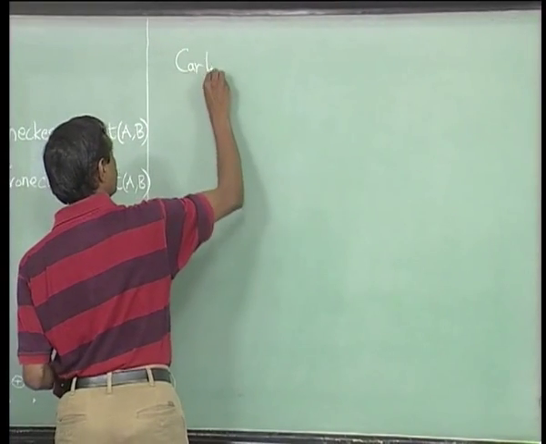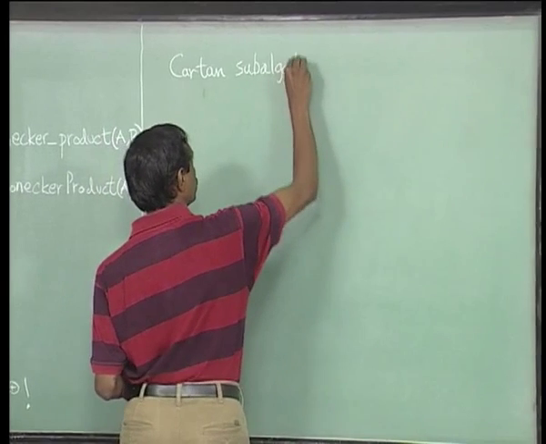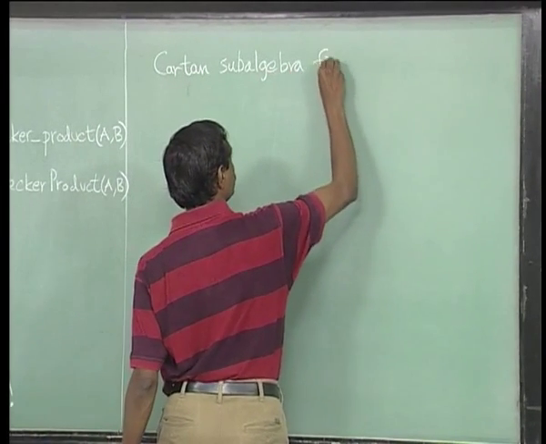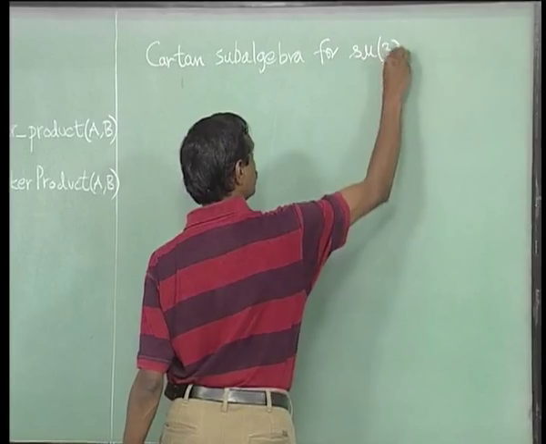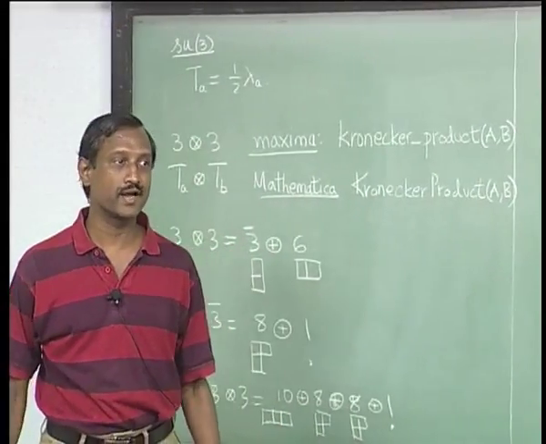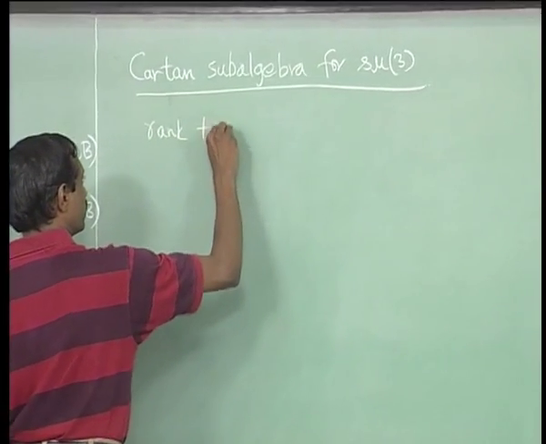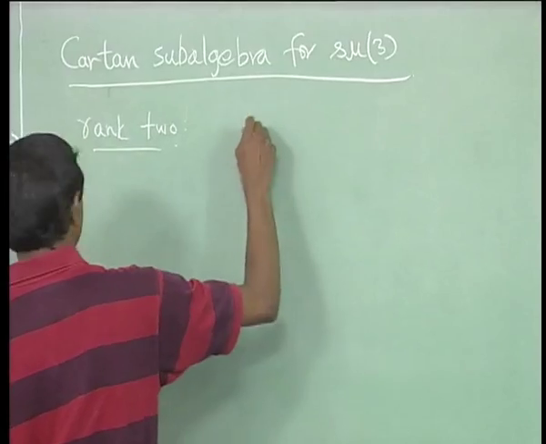So the Cartan subalgebra for SU(3) consisted of two generators. It was rank 2.